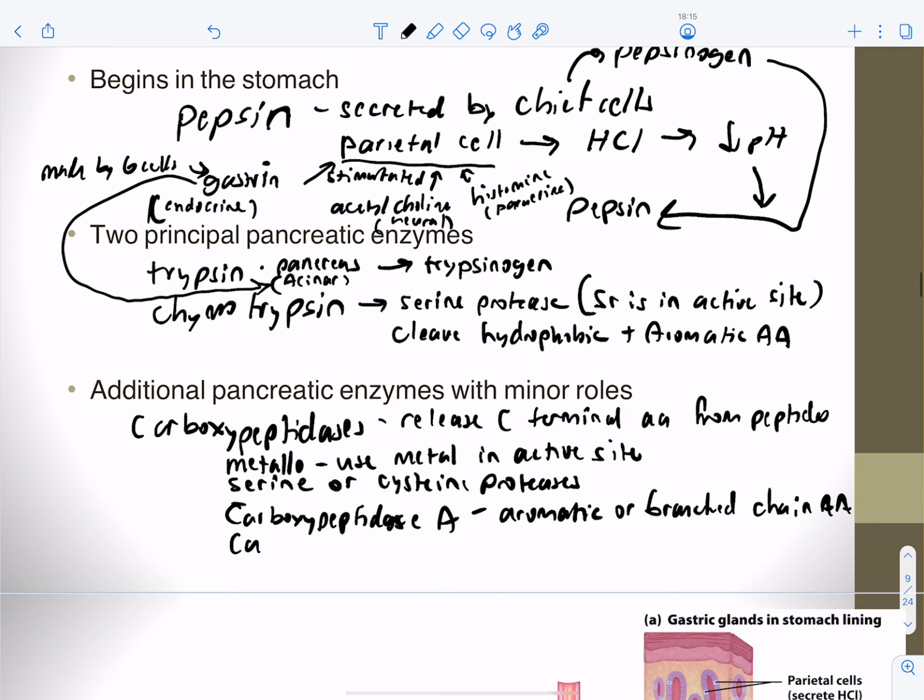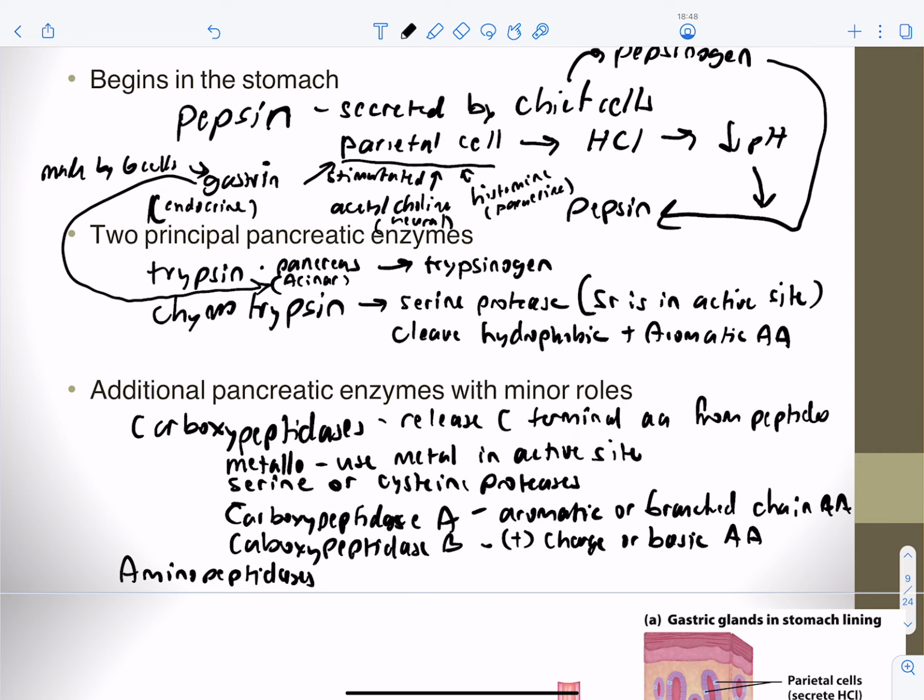And then you have carboxypeptidase B, which is going to like positive charges or basic amino acids, so arginine, lysine, for example. We also have our aminopeptidases, and aminopeptidases are going to cleave peptide bonds at the N-terminus of the protein.